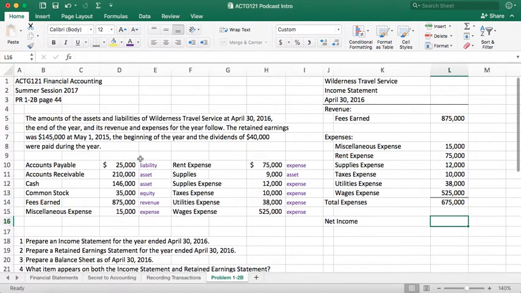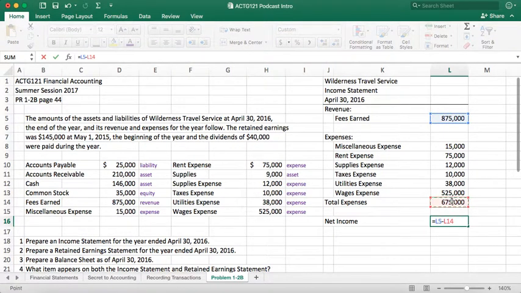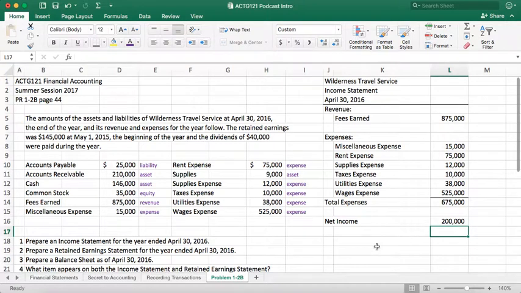We always double underline what's important. Revenue less expenses, 200,000. So that is the answer to number one, the financial statement. We have a heading with the date, the last day of the year, revenue, all our expenses, and then revenue less expenses is net income.